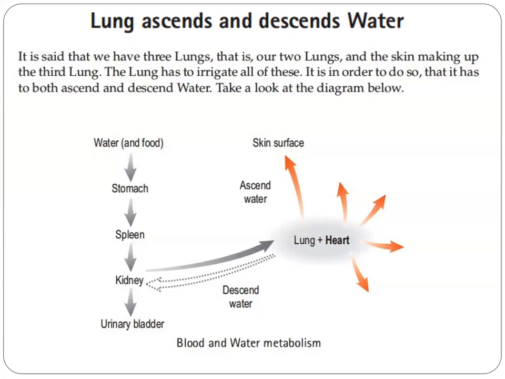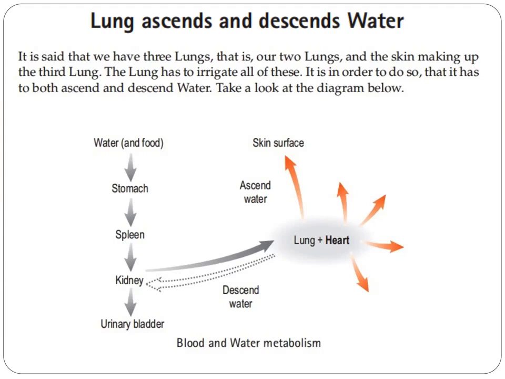So let's study the diagram. This actually tells us about the blood and water metabolism. Water and food will have to go to the stomach, and the spleen will have to transform it and transport it.